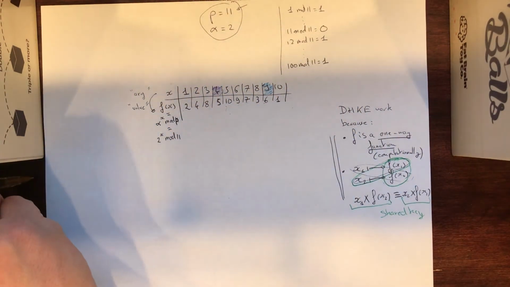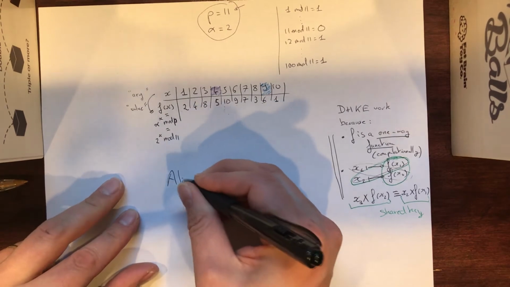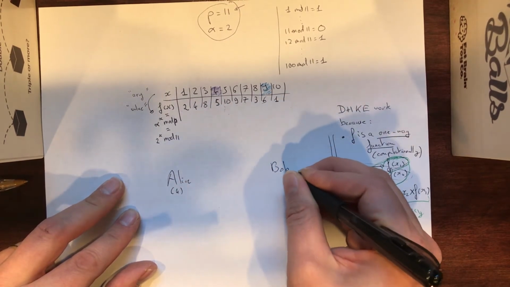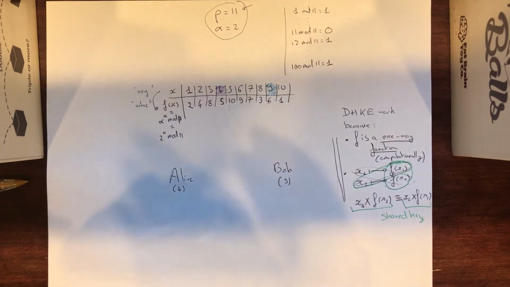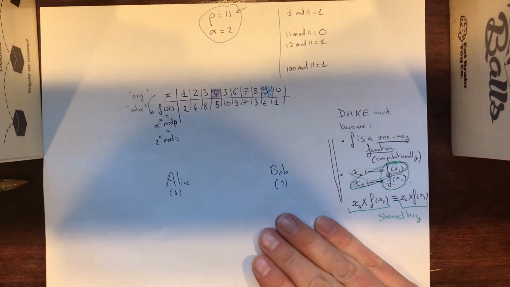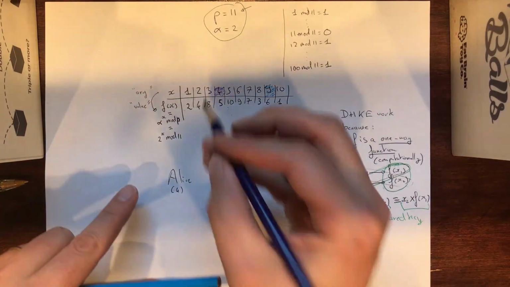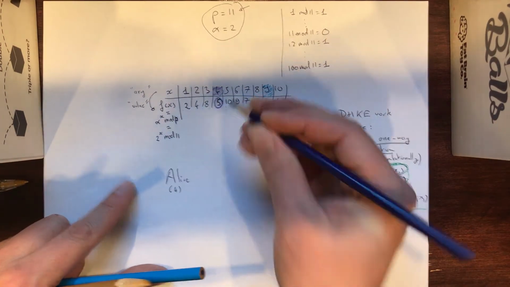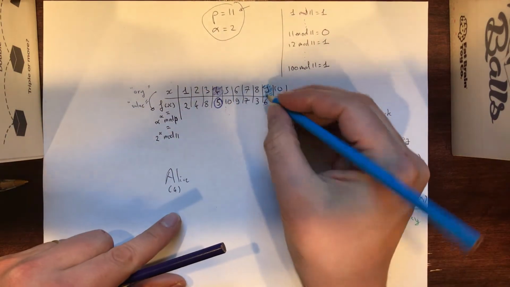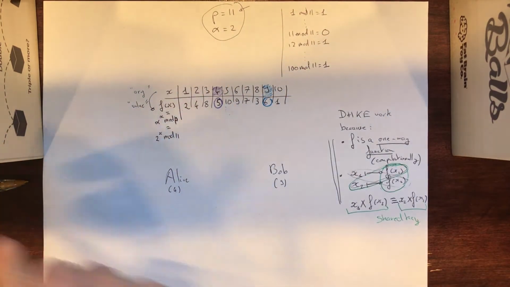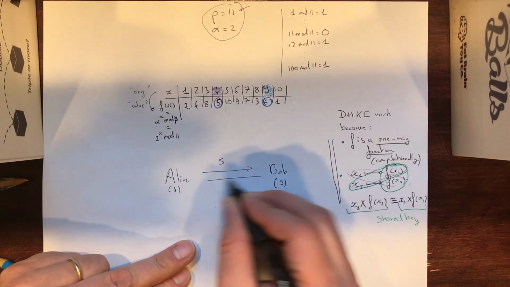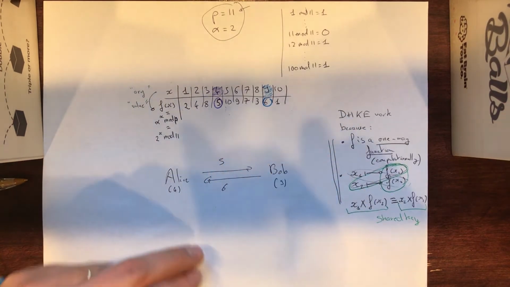Alice picked number 4 and Bob picked number 9. These are their private keys. What they're sharing is the value of f of x, 5 and 6, right? So Alice is sending 5 to Bob, and Bob is sending 6 to Alice.